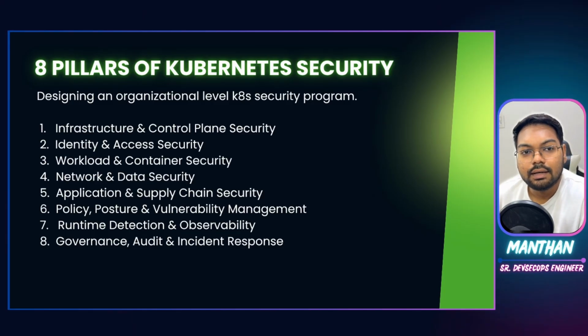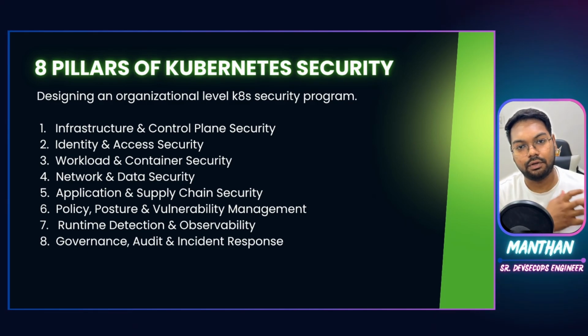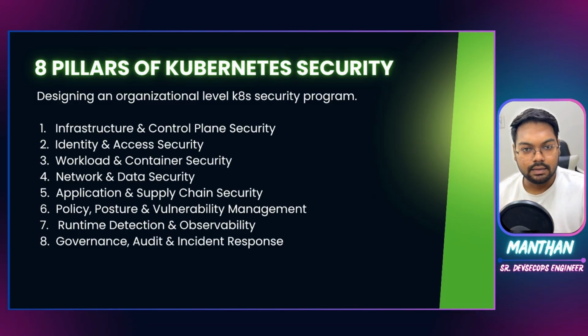So let's start with the very first thing, where we need to know what things actually surround the Kubernetes cluster. Your application is one thing, the cluster is another, then there are different components of the cluster. If that cluster is being deployed in a cloud environment, there is a cloud infrastructure associated with it.